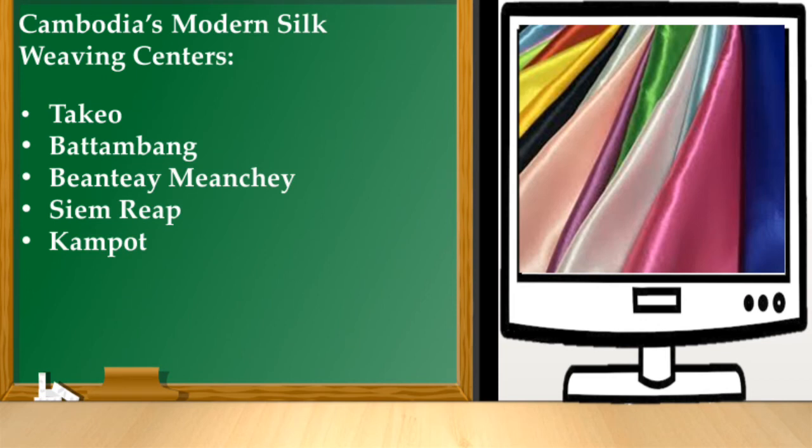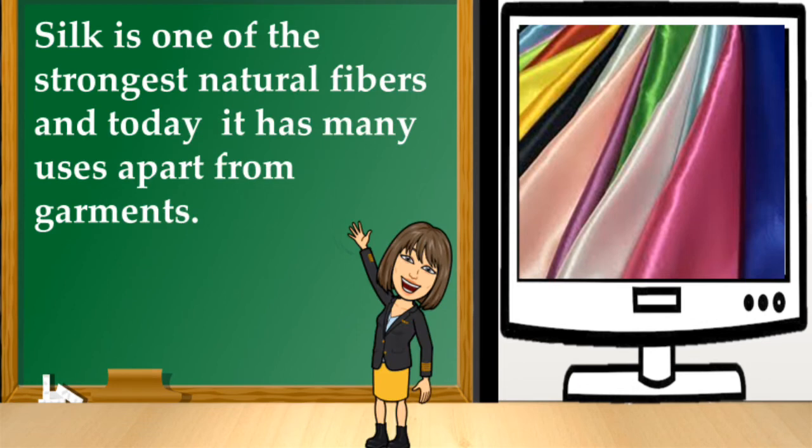So here are the Cambodia's modern silk weaving centers. Silk is one of the strongest natural fibers, and today it has many uses apart from garments.